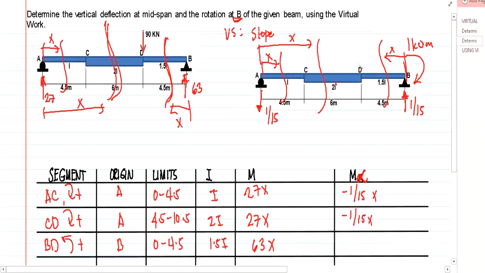And for the segment DB, okay, we have 1/15x minus 1, di ba? 1/15x counterclockwise kasi yun yung inassume natin, counterclockwise positive for segment BD. 1/15x plus minus 1 kasi clockwise yung 1 natin dito. Minus 1. Okay? So that will be our equation in our real and virtual system for our slope. Okay?